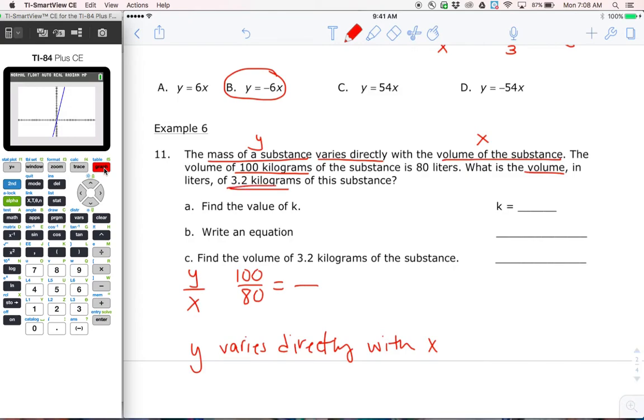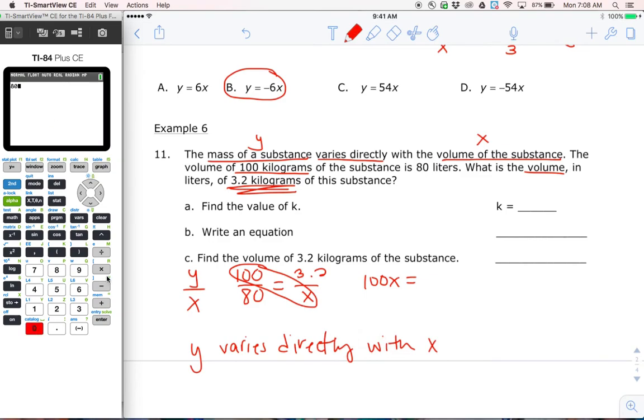All right, well, 3.2 kilograms, again, that's mass. And so that's going on the top. So we're going to put on the bottom what we don't know, which is x or v if you want to call it that. So I'm going to go ahead and solve for this. We've got 100x is equal to 80 times 3.2.